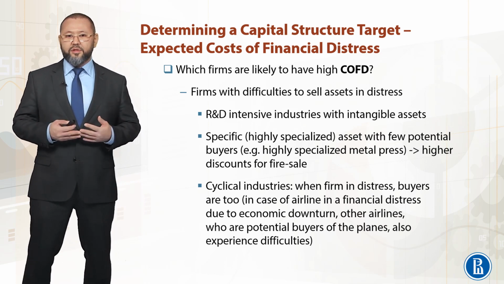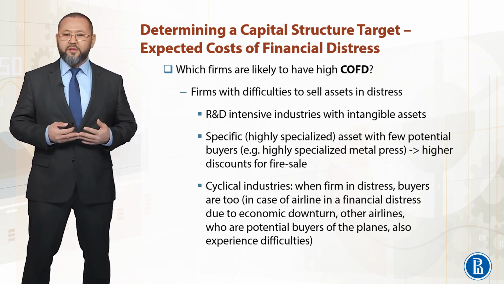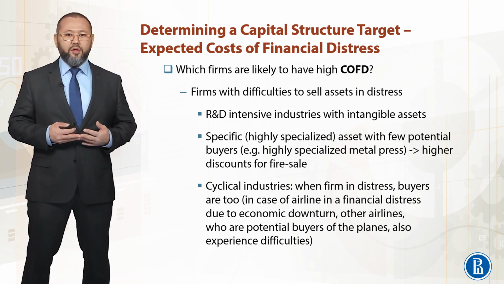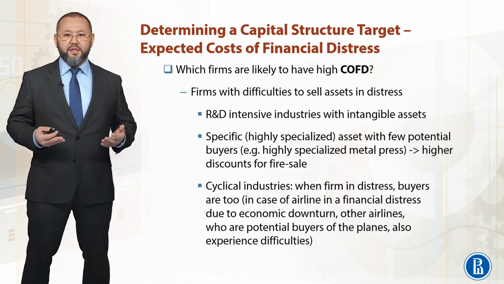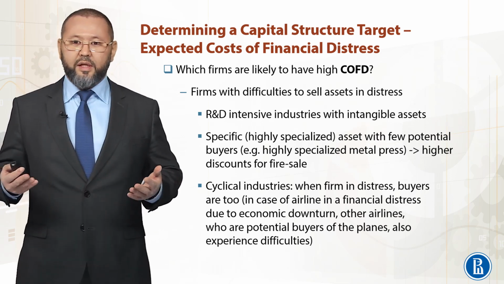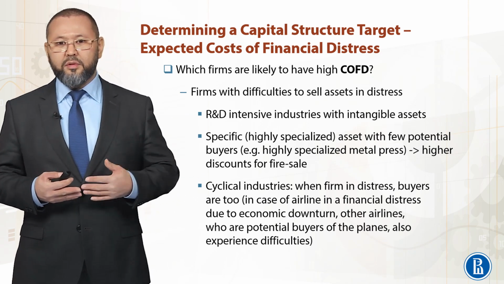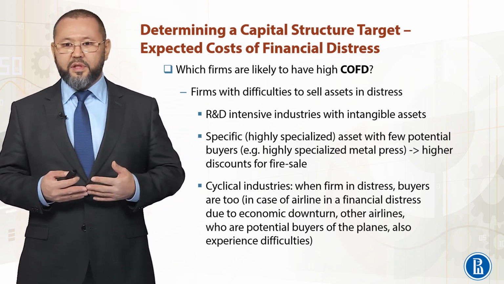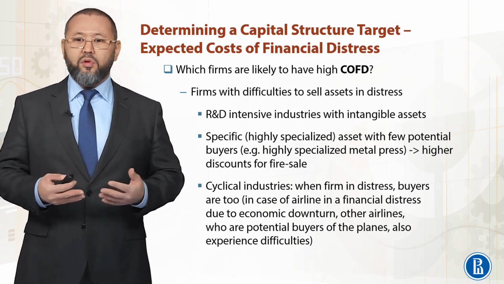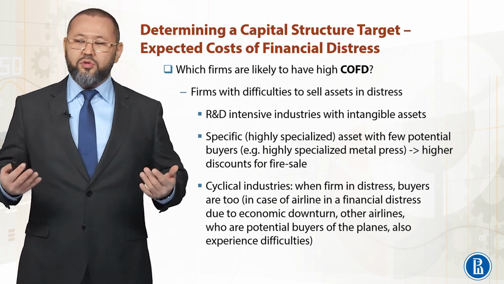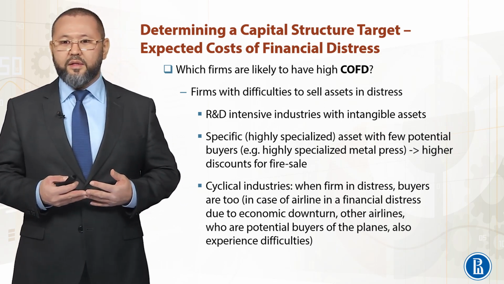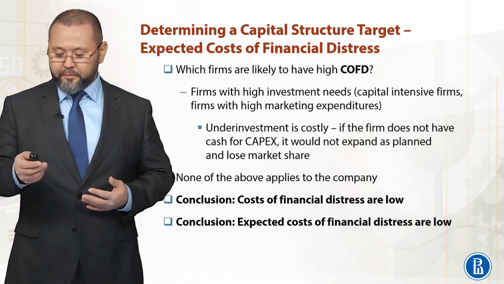And it's cyclical industries. When a firm is in distress due to some downturn in the economy, other companies in this industry are also in distress. For example, an airline. The economy goes down, the particular company is in distress, it wants to sell airplanes, but all the potential buyers are also experiencing difficulties and they don't want to buy these planes.